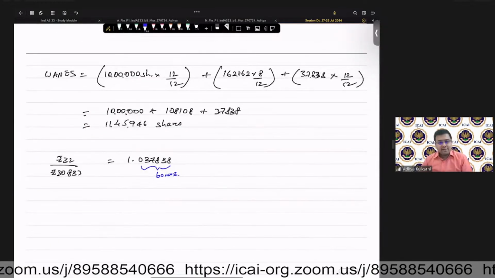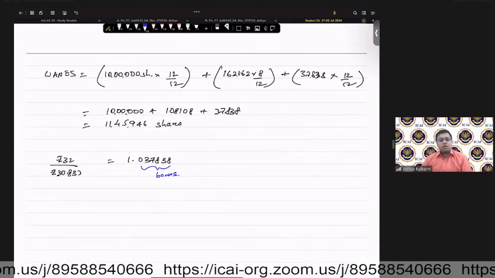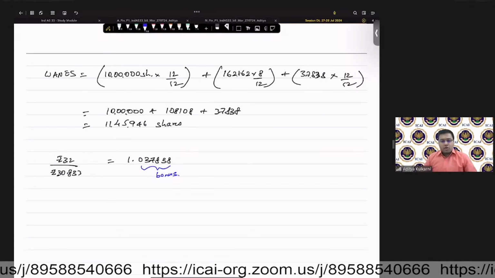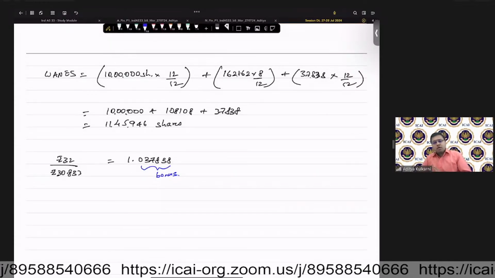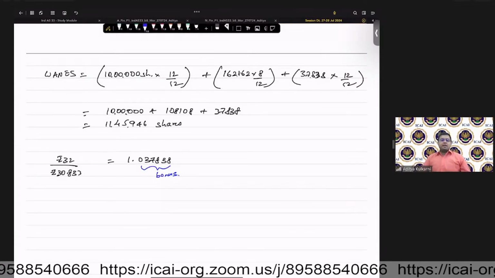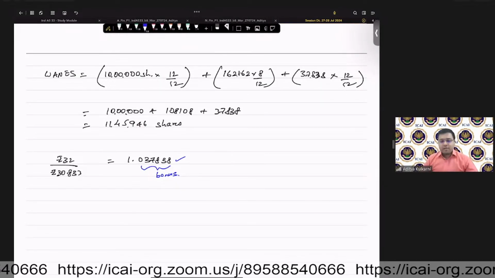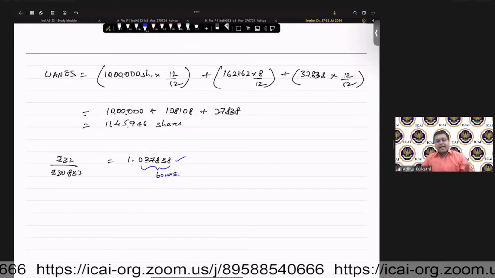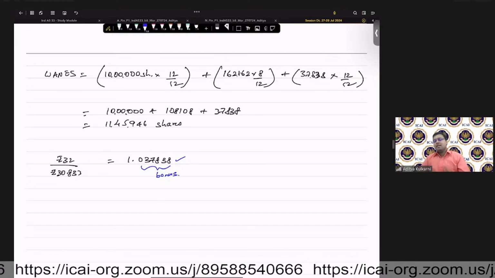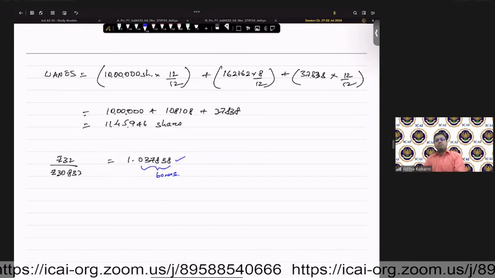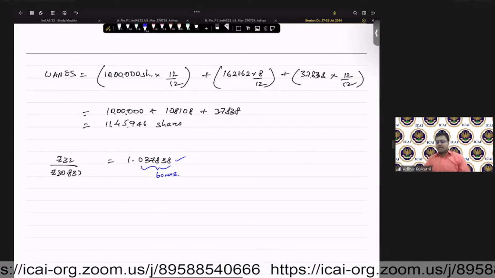Are we okay with this? So this becomes your bonus component. Now all the shares prior to the issue of rights, I will multiply with the bonus component. And after the rights, I will not multiply, I will take the total number of shares, 12 lakh, and do the calculation.